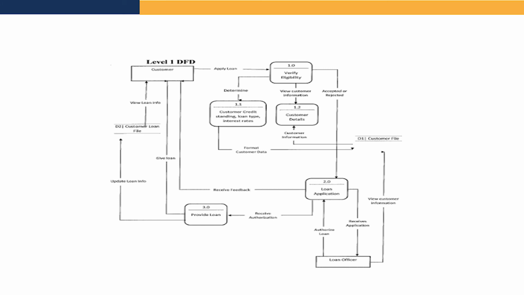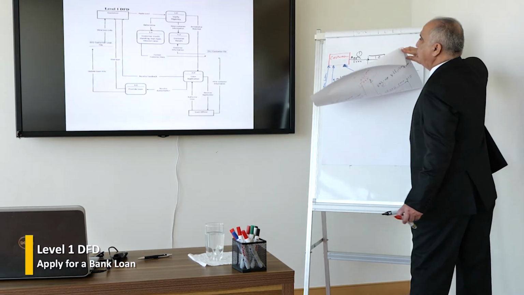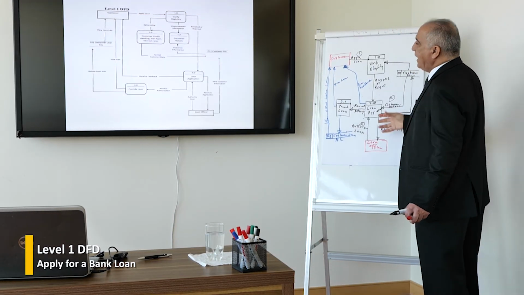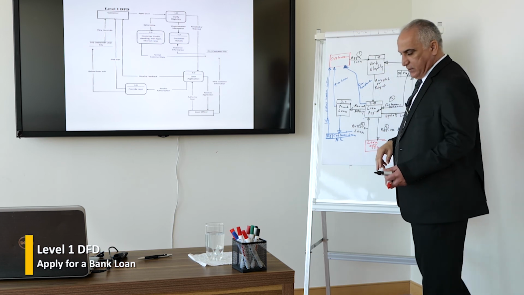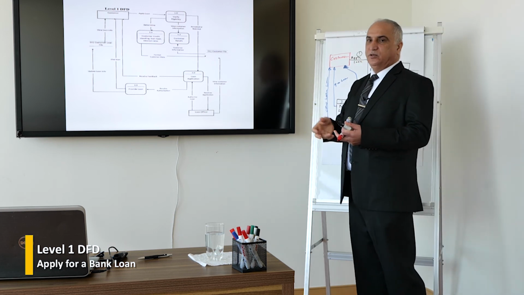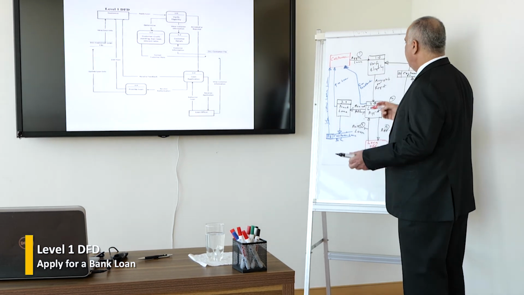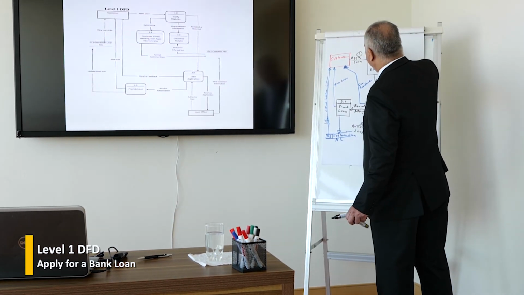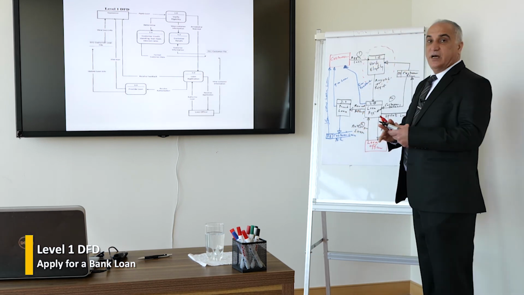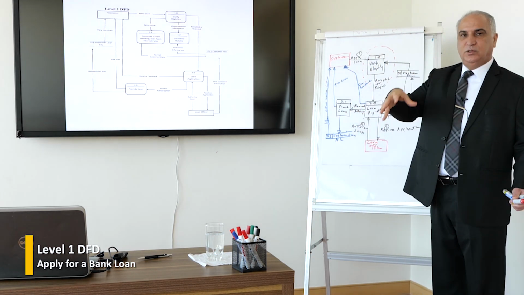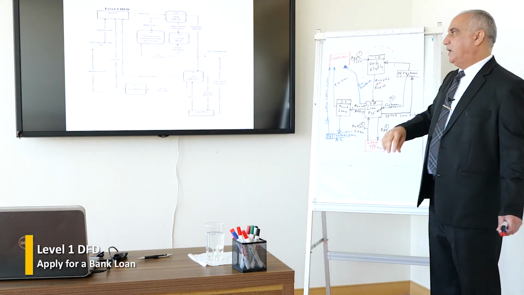Now, part of your assignment is also to look into how we can break down this eligibility. So can we go to level 2? Yes. Think about this one. This is a process, and we can break it down into another sub-process.